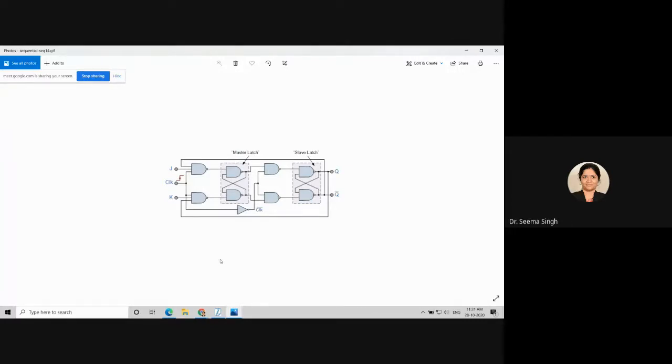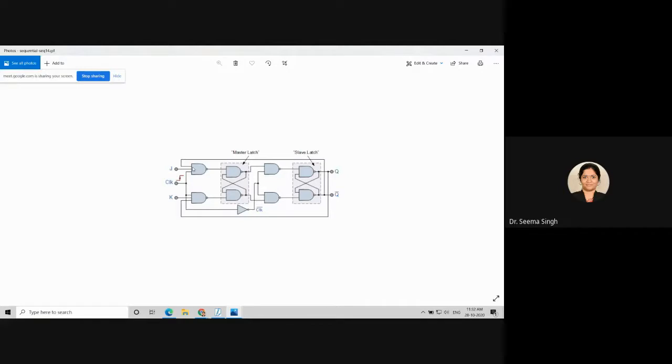One method is you can simply make this feedback like this, from the output of one of the SR latches to the input of the first SR latch. So with this, it becomes a master slave JK flip flop.